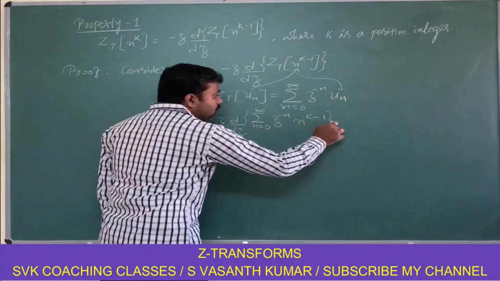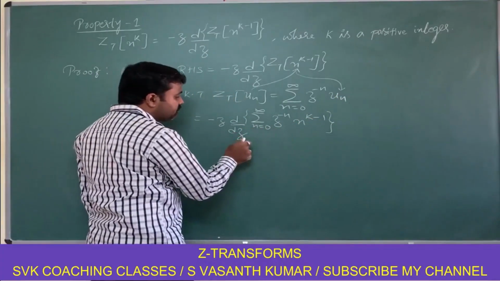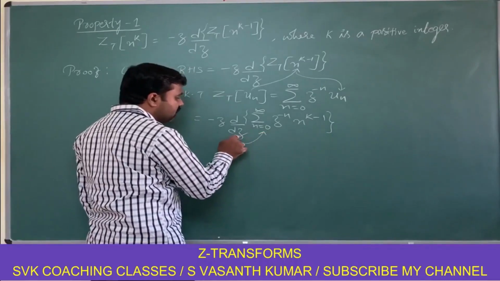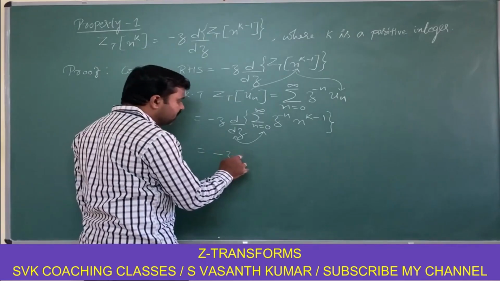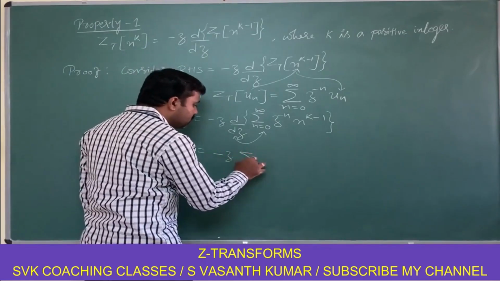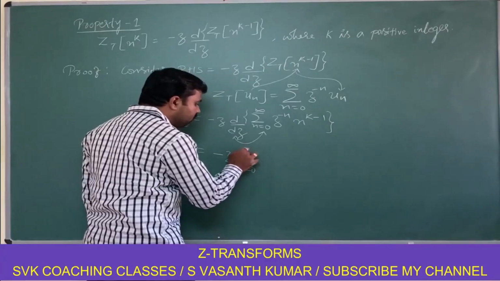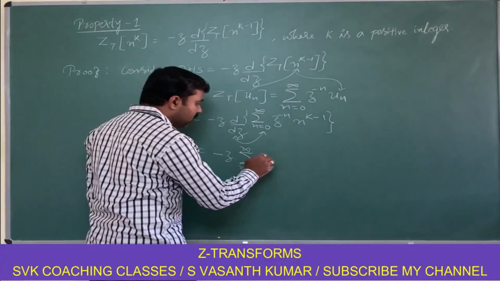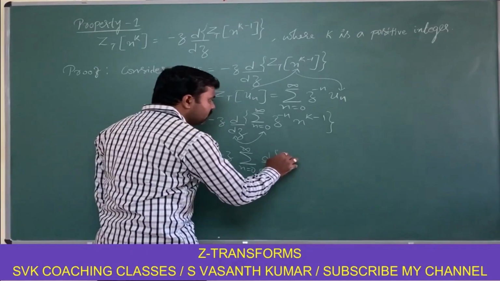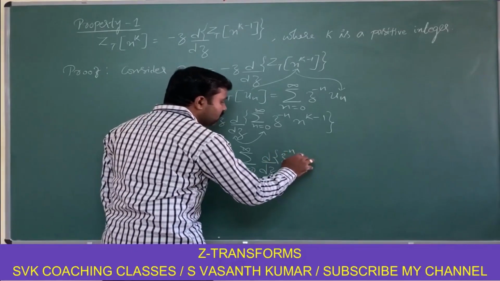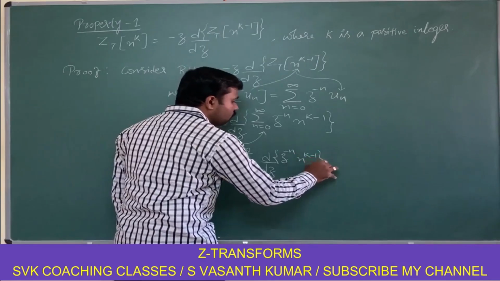Now I want to find the derivative of this. Here we can interchange the differentiation and summation. So interchange that term: minus z into summation n equal to 0 to infinity d by dz of z power minus n into n power k minus 1.